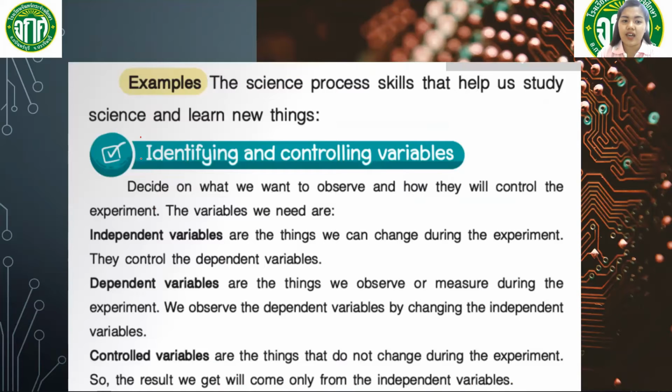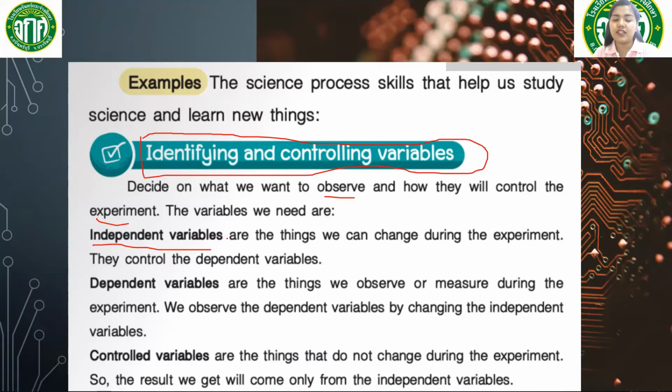Here, we decide what we want to observe and how we will control the experiment. The variables we need are, first, the independent variable.